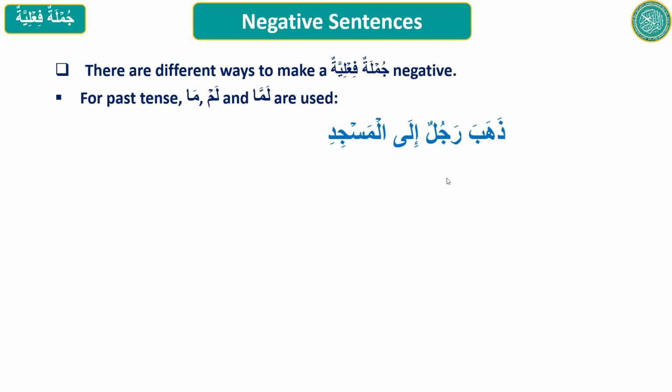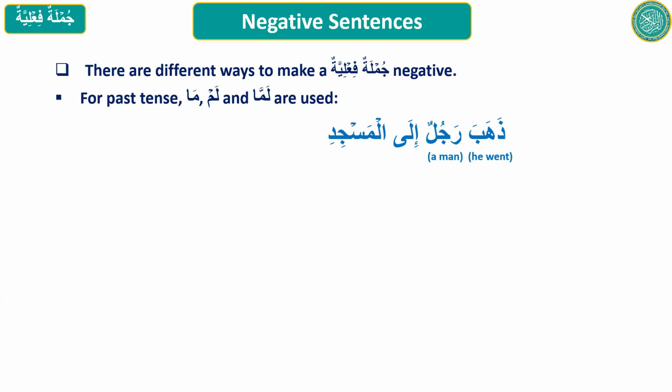ذهب رجل إلى المسجد. ذهب, he went. رجل, a man. إلى, towards. المسجد, the masjid. So a man went towards the masjid. Okay. So Zahaba means he went, so he was the inside doer. What happened then? رجل was in Rafa status, so رجل took the place of he.